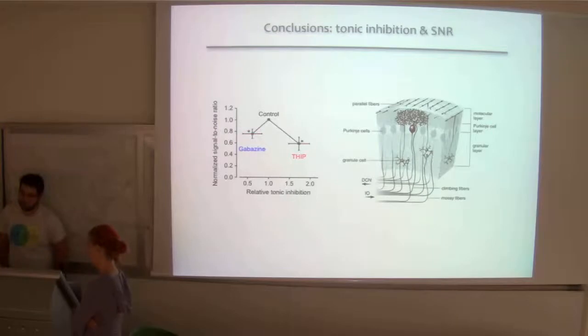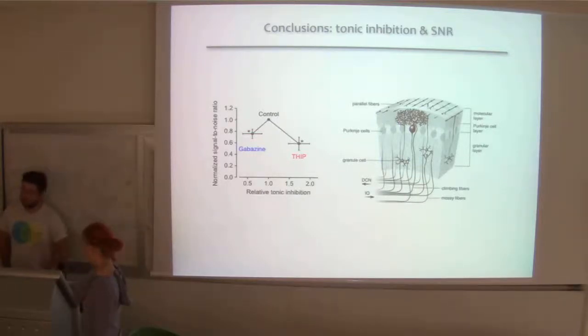Otherwise, I would have done current clamp, because in recording from interneurons you want to see the effect of that signal to noise. That's not my question. The question was, is it propagated to downstream cells? And the simple conclusion would be yes, it is. So a Purkinje cell is highly likely to see the same SNR changes. As to whether that makes a difference, I definitely don't know. But it definitely changes.